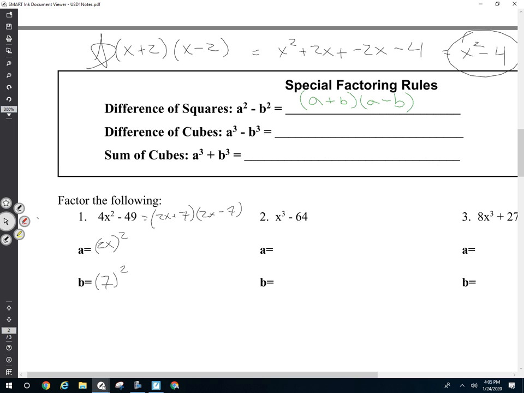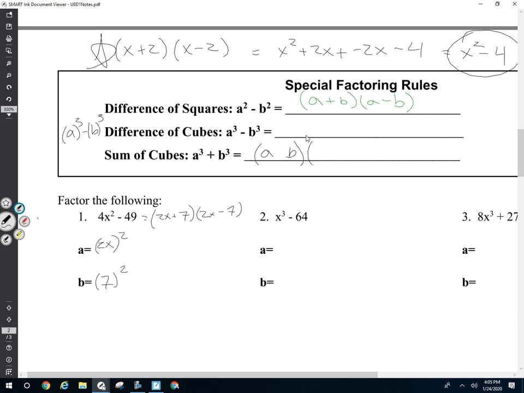Difference of cubes or sum of cubes? This is tougher to show you, so I'm just going to go with you, and it's always going to be up on the board. If you have an A cubed minus a B cubed, or if you have an A cubed plus a B cubed, you have A, B times A squared, AB, B squared.